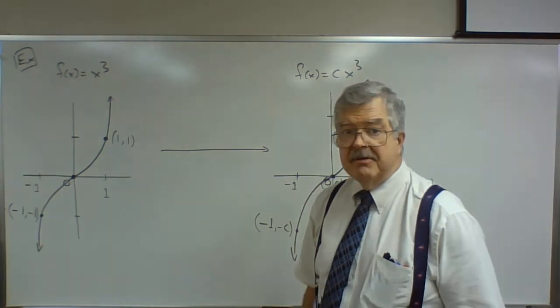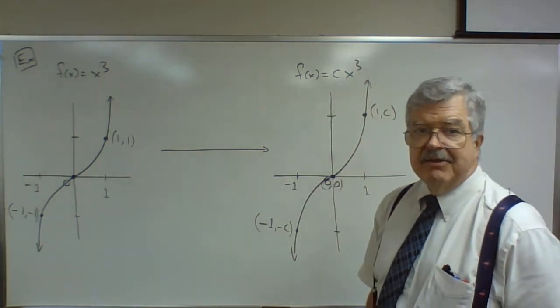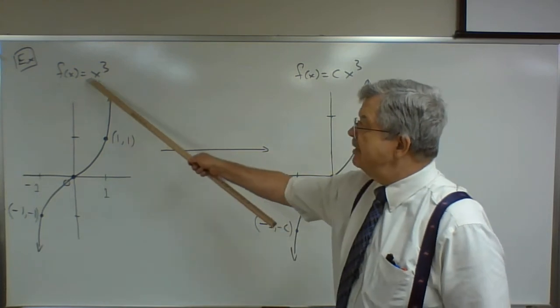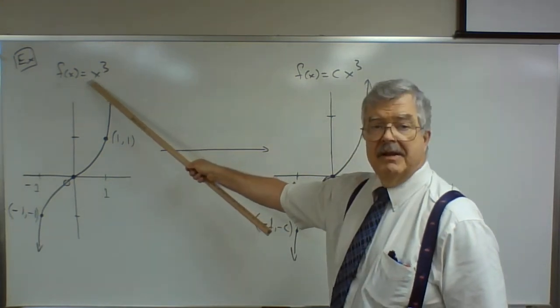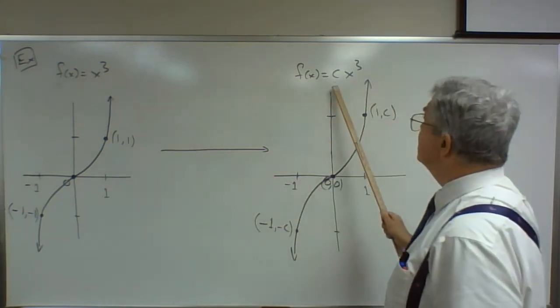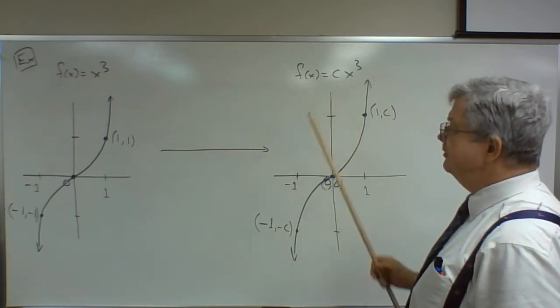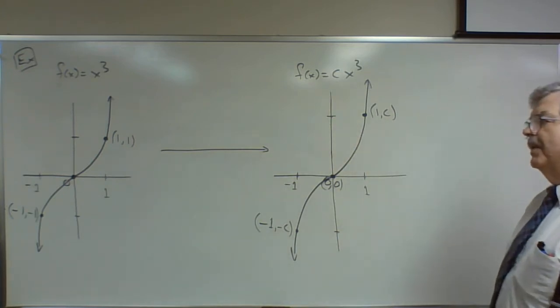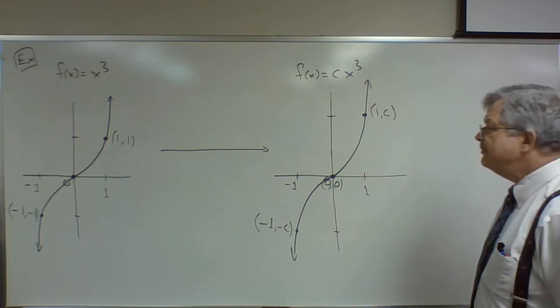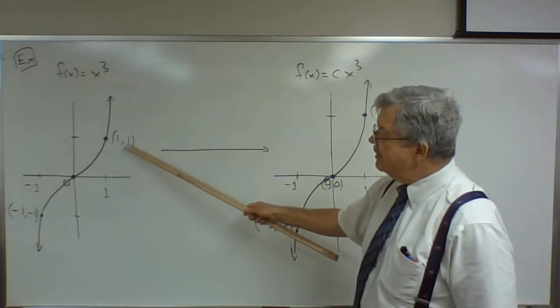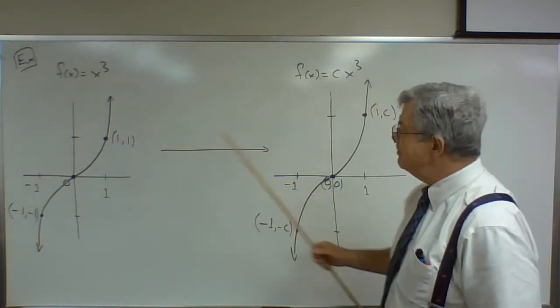Now, what happens if we vary this function a little bit by multiplying the y coordinate, x cubed, by some positive constant c? Well, in that case, the y coordinate of this point is multiplied by c.